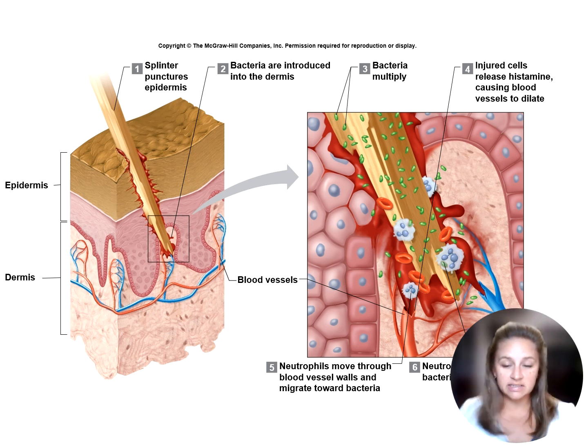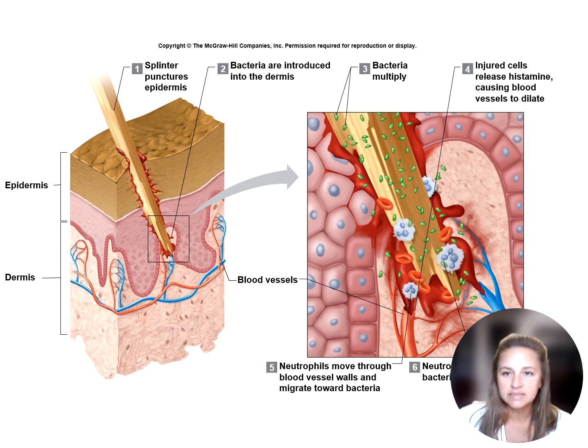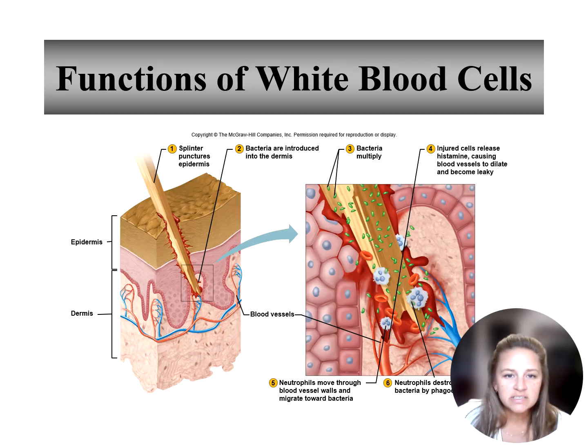And these hydrolytic enzymes will kill the bacteria, dissolve their cell walls and stuff like that. So the functions of the white blood cells are to identify what the threat is, the bacteria in this case, and in this case, the neutrophils kill the bacteria.